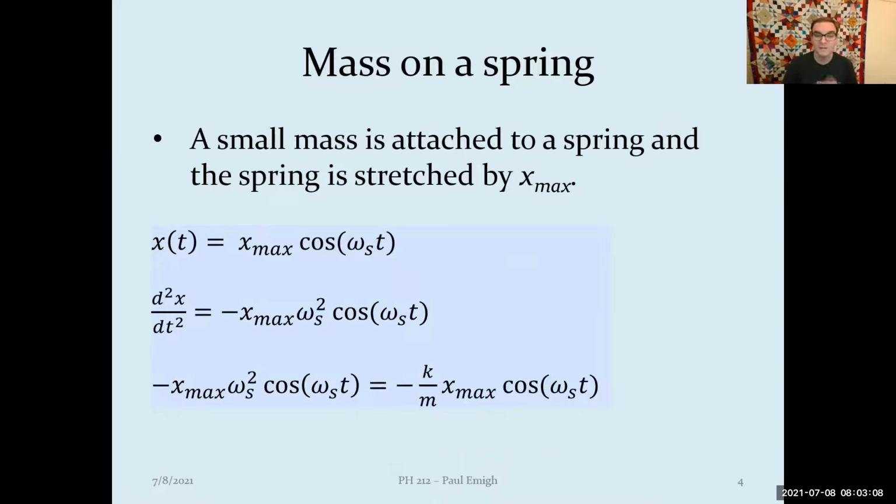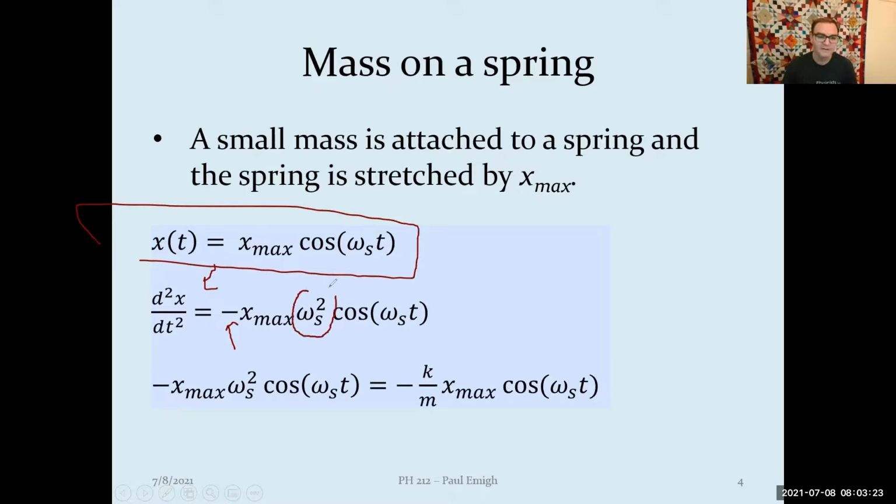We can do a quick spot check to make sure that we indeed have the right solution here. If you plug this x of t into the differential equation and take a couple of derivatives, you do see that you get this negative sign that pops out. You also, because of the chain rule, get two factors of omega sub s.